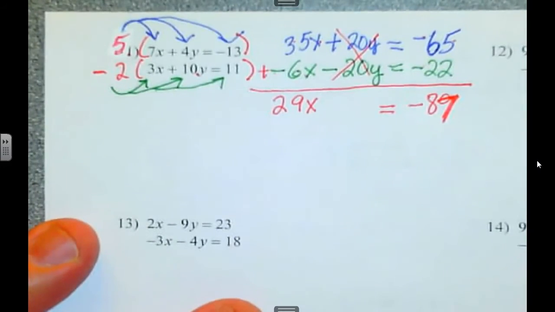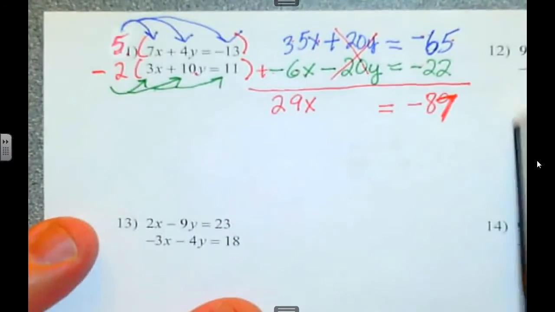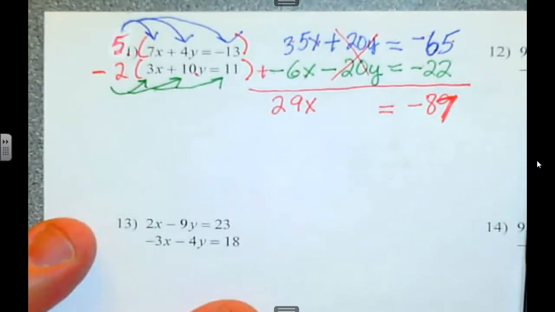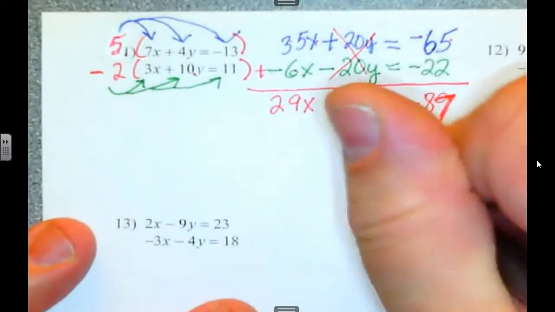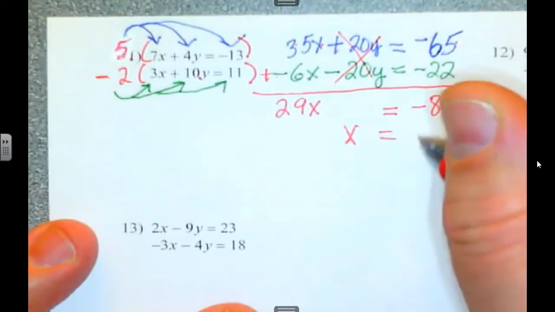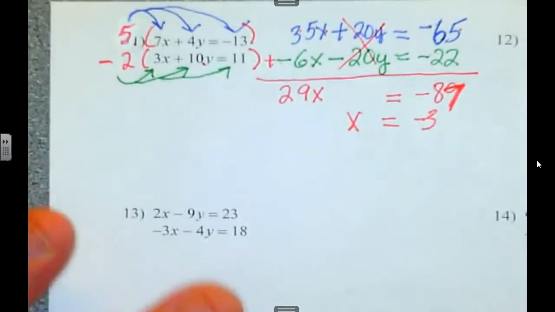Uh-oh. I'm going to have to resort to a calculator. Oh, it does. I thought it multiplied evenly. So x equals negative 3. There's my x.